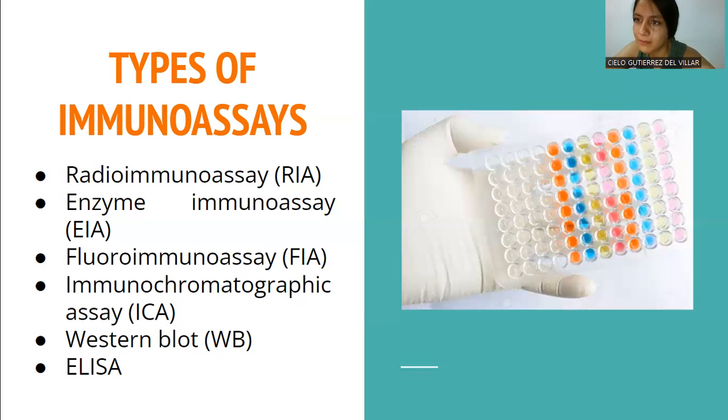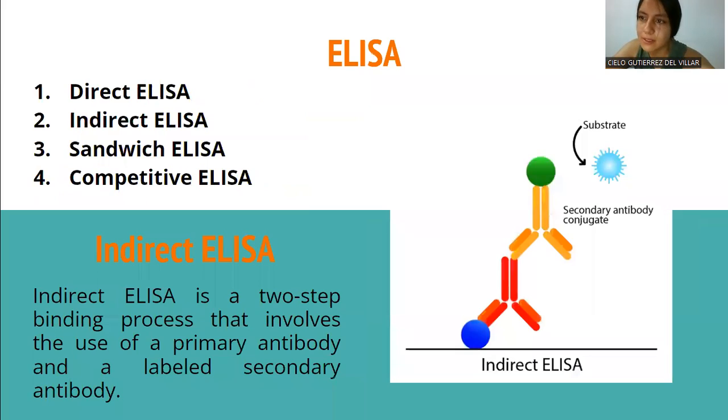Due to its simple and fast procedure, ELISA immunoassays are one of the most widely used in research and diagnosis for the identification and or quantification of analytes of a protein nature, such as peptides, proteins, antibodies, and hormones.